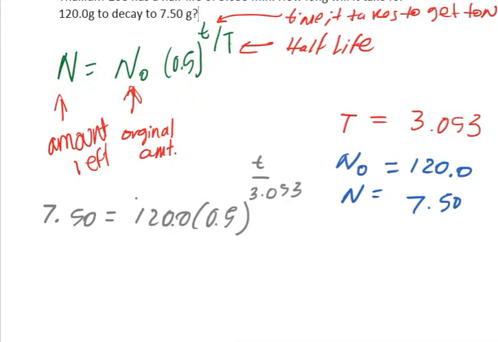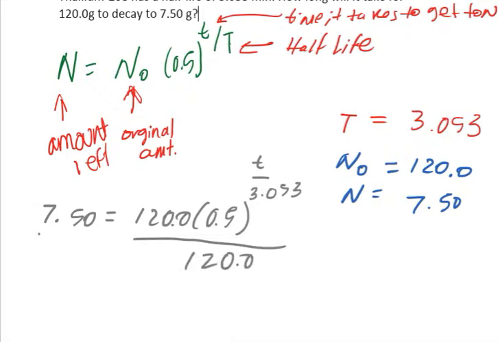In order to do this, we have to use logarithms, because logarithms have a certain property that allows us to take an exponent and write it as a base. We'll talk about that in a second. Let's divide both sides by 120.